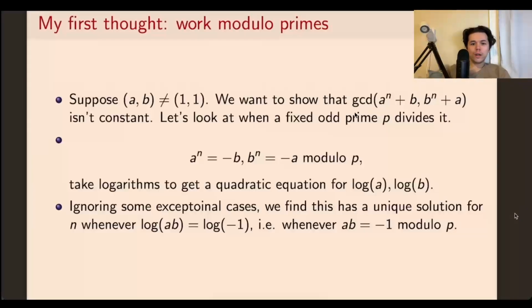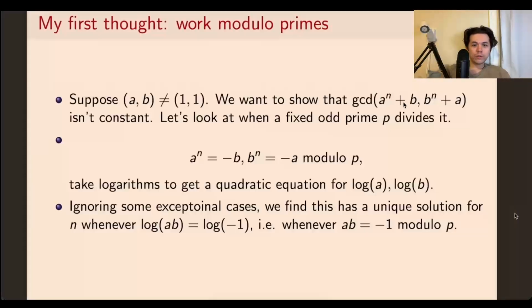Well, you can show this is not constant if you show that there's a prime which divides it sometimes, but not all the time, because that prime, as n goes to infinity, isn't constant. So you show there's a prime p which divides it sometimes but not all the time. And if you do that, then it will sometimes show up in the GCD and it sometimes won't.